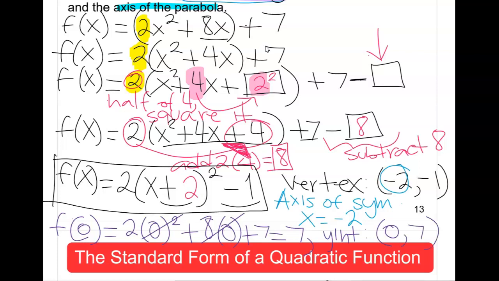So to graph something on WebAssign, I believe you only need 2 points. Now, if they ask you to graph the axis of symmetry, make sure you graph the vertical line, but also make that line dash or dotted. And if you have issues graphing on WebAssign, please contact the online tutoring because I do not know how to graph on WebAssign.